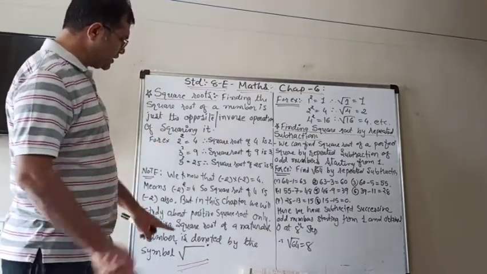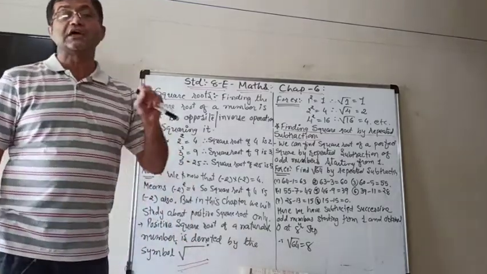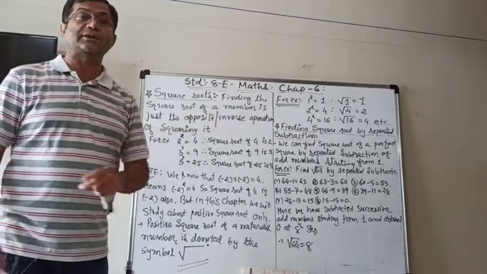Whenever a number is inside, it means we have to find the square root of that perfect square number.